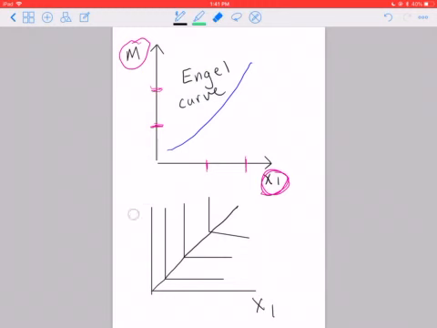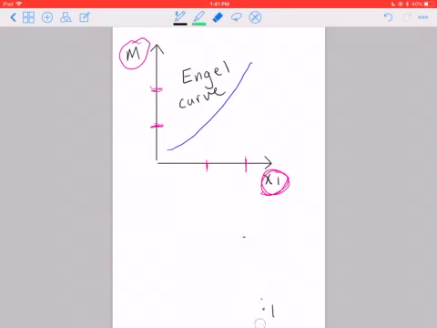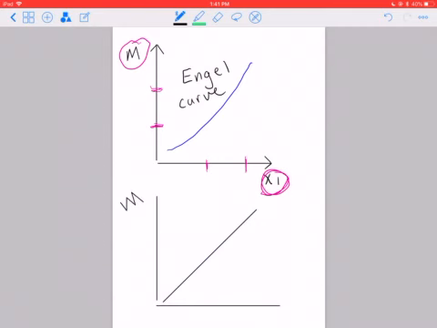If we go ahead and erase this, then when we draw our Engel curve, our demand will also stay consistent, because as income changes, our quantity of x1 will stay consistent due to what we just saw on the graph before.